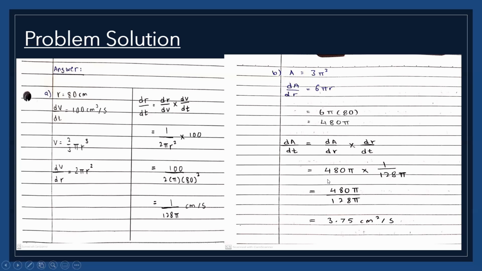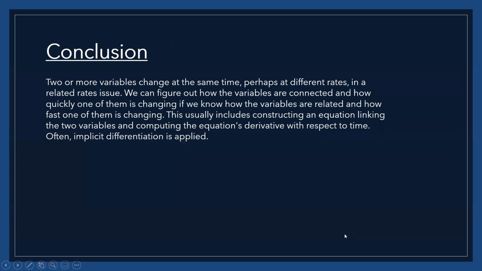Since we found dr/dt from the previous question, question A, we insert that dr/dt is equal to 1 over 128π. Then dA/dr, we found, is 480π. So 480π times 1 over 128π gives the final answer of 3.75 square centimeters per second. This is the final answer for question B.